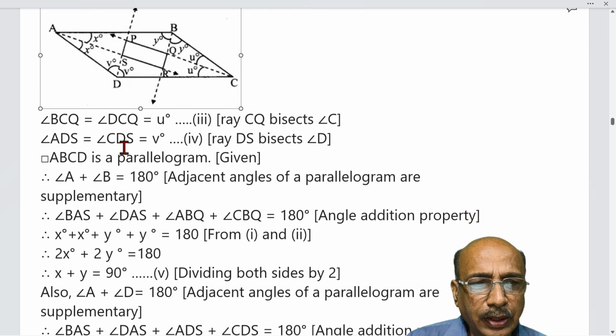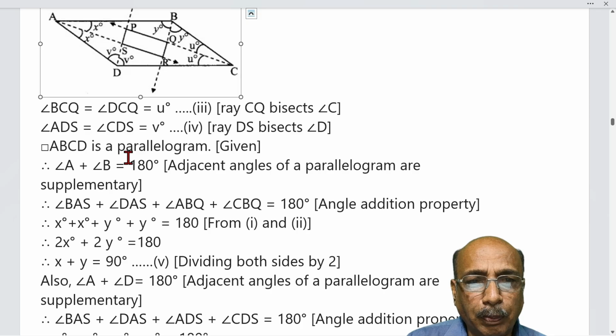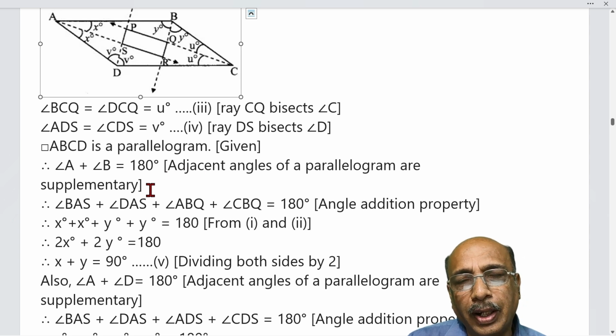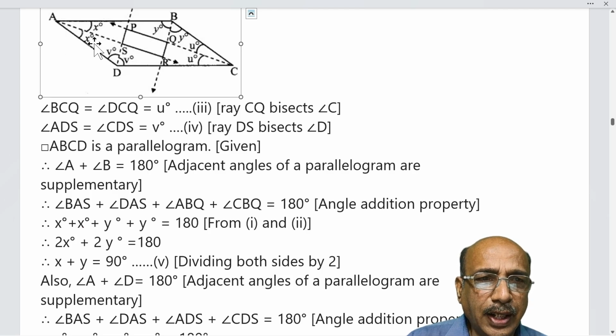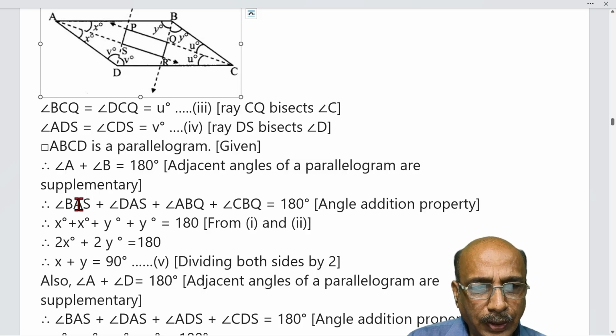Now, quadrilateral ABCD is a parallelogram, given. Therefore, angle A plus angle B equals 180 degrees, as adjacent angles of a parallelogram are supplementary. Adding these, angle A means x plus x and angle B means y plus y. So 2x plus 2y equals 180 degrees.